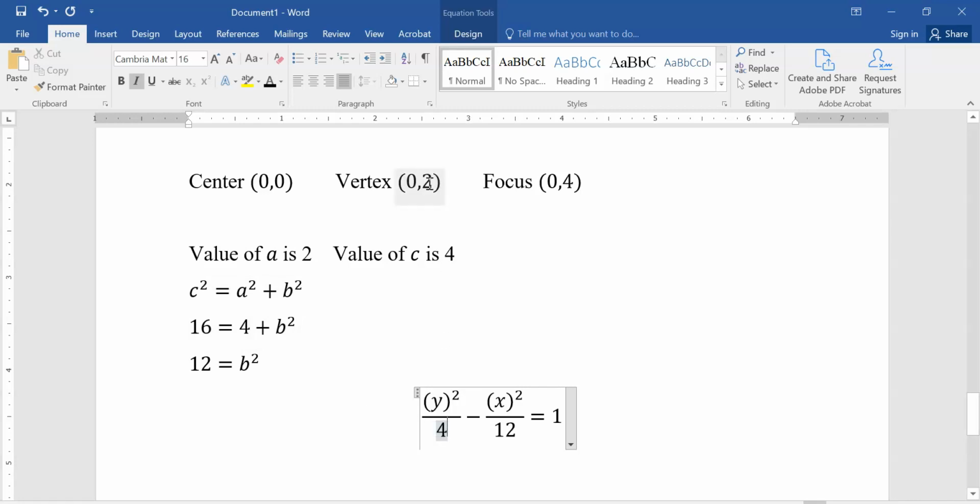A is 2, a squared is 4. b is the square root of 12, b squared is 12. So that's the equation of the hyperbola you would get with center at (0, 0), vertex at (0, 2), and focus at (0, 4). So there you go. That is how we look at hyperbolas in this section.